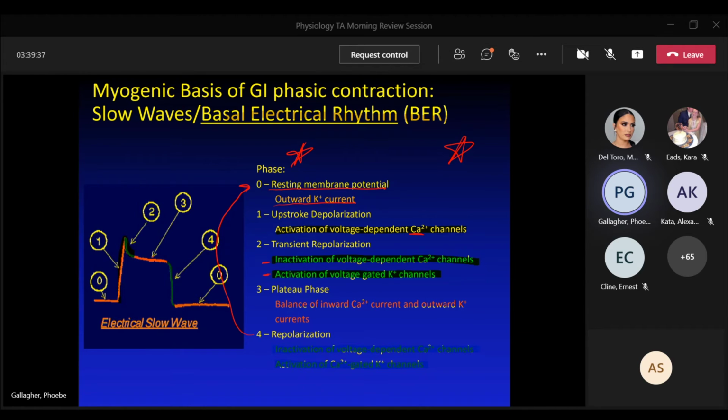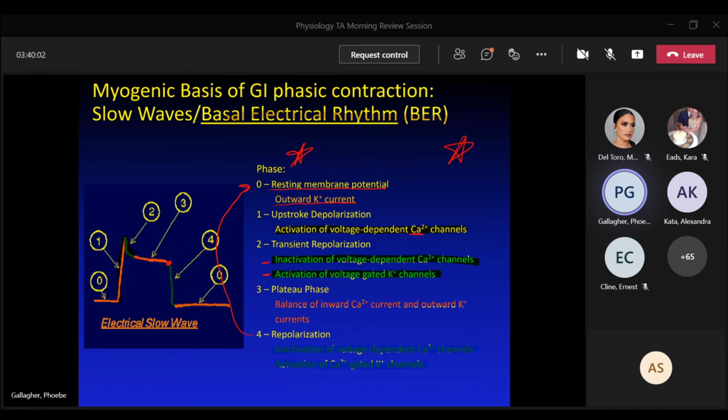And so you still have activation of your potassium channels. So some of your potassium channels are open. So as these are opening, these are closing, and so they balance each other out. And then at the end is when you completely inactivate all of your calcium channels. So I would assume that this happens right here, just right as it starts. So that's why it drops down so much.